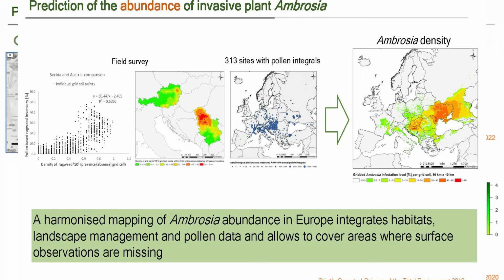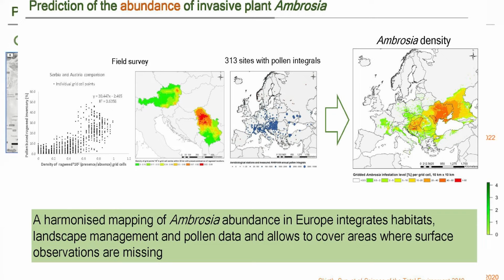This is based on our colleague Benno Agostini's work that calculated the cumulative degree days. That means, to make one generation from the first laying of eggs until the next time when they become adults and lay eggs, it needs a certain number of degrees in Europe.